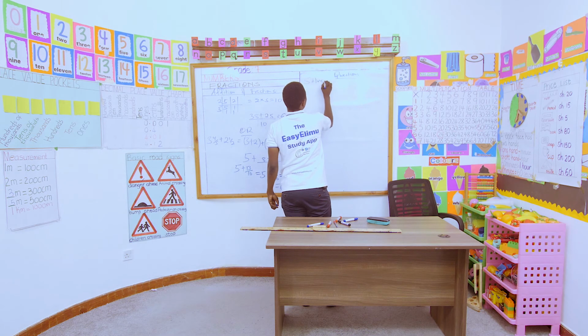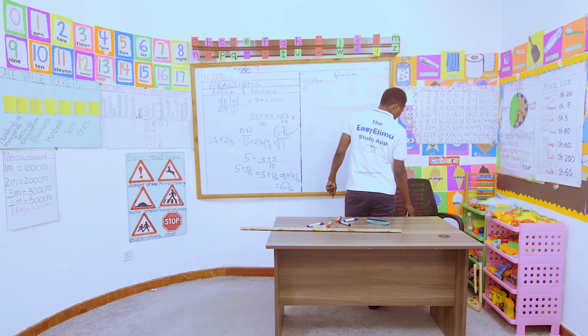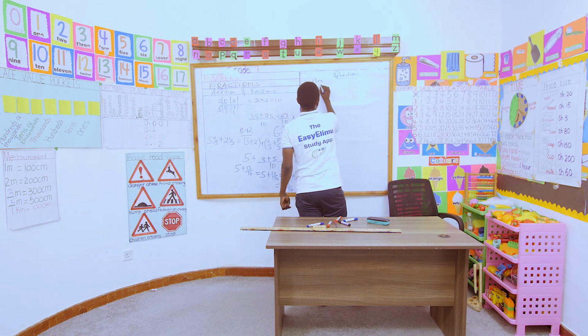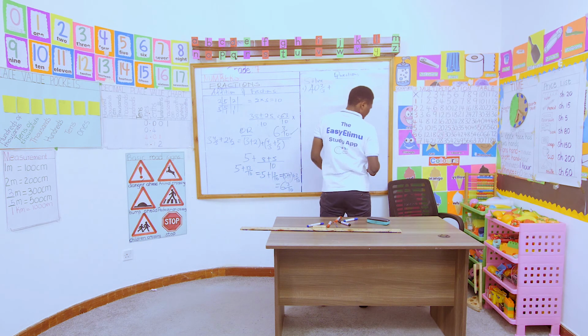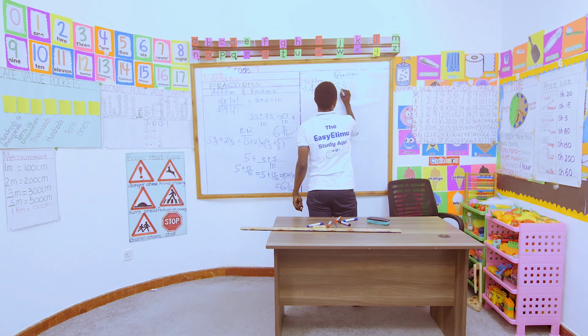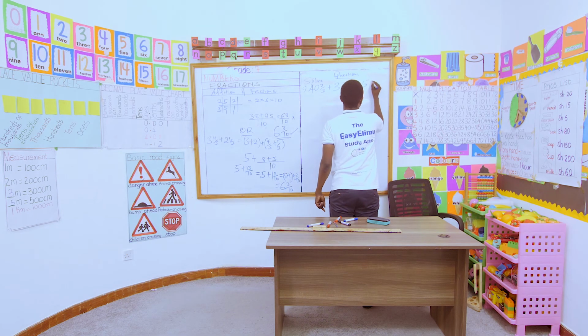Solve. Roman 1, you can have a question like 40 and 2 over 3 plus 33 and 7 over 12 plus 55 and a half.